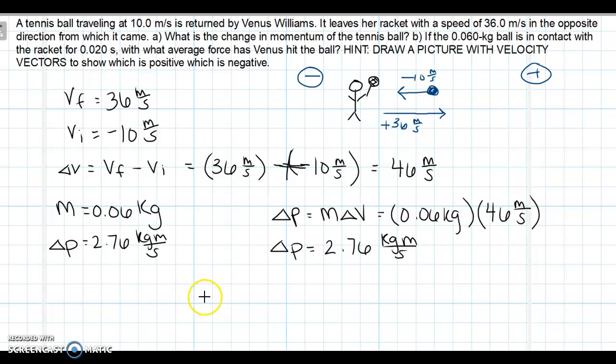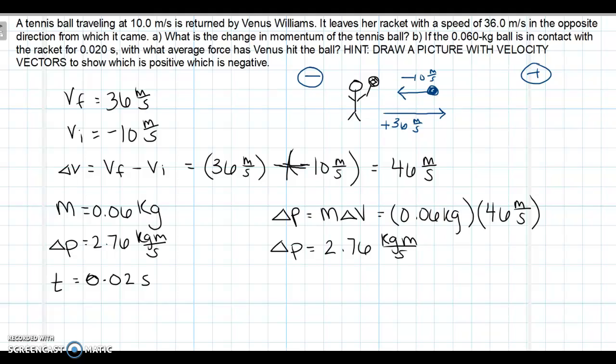If the 0.06 kilogram ball is in contact with the racket for 0.02 seconds, what is the average force that Venus uses to hit this ball? I already have the mass written down, so now I'm just going to write down the time that we were given in that second part of the problem. Sorry, I hit the little button there that made it go all weird.